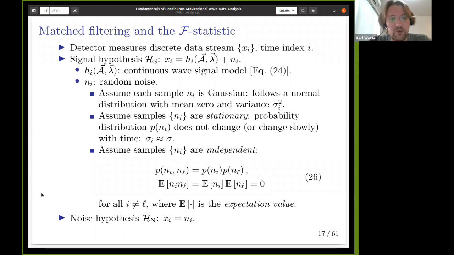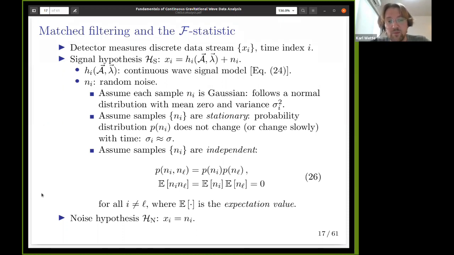And the third thing we're going to do is assume that the noise samples are independent. So if we want the joint probability distribution of two samples, n_i and n_l, that's just a product of the individual probability distributions.